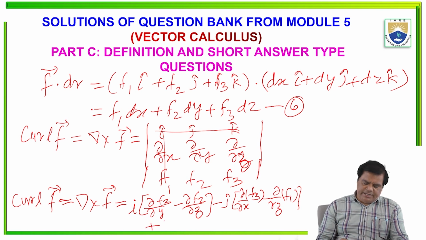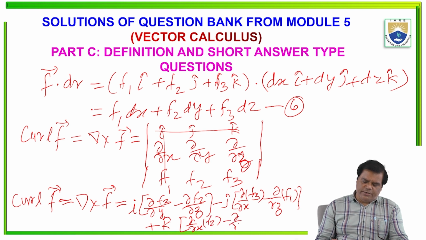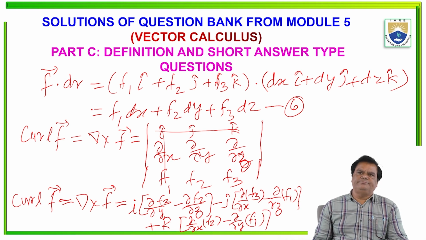Next is plus k: third column and first row cancelled: dou over dou x of f2 minus dou over dou y of f1.